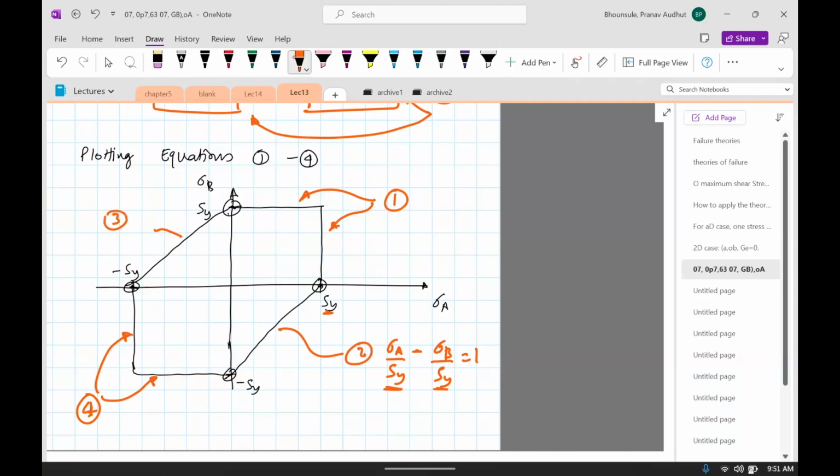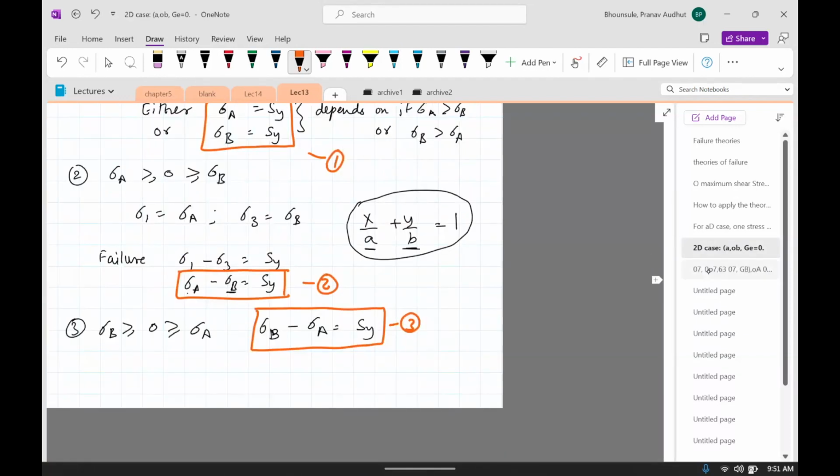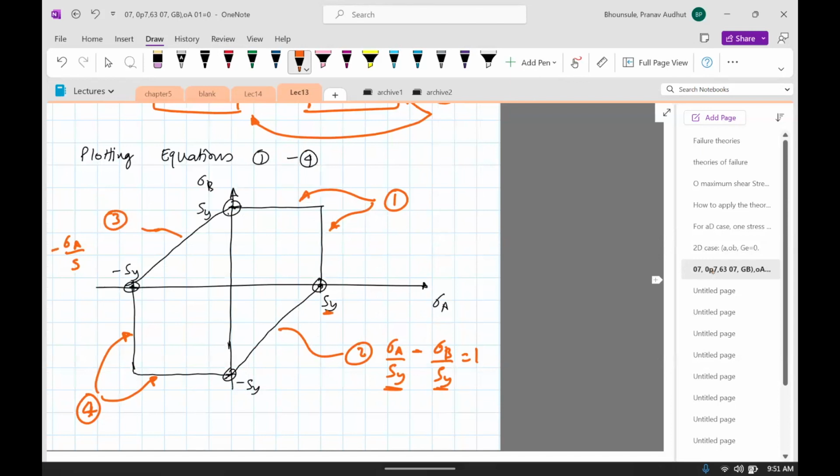This should be 3. I'm going to write it this way. Okay, so this region is the safe region.